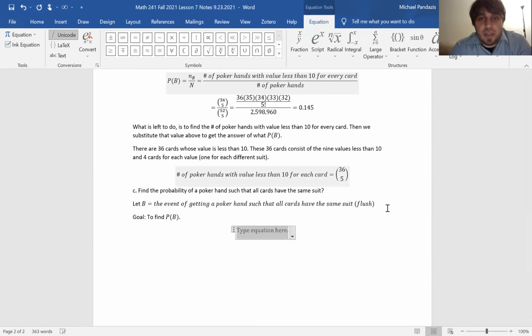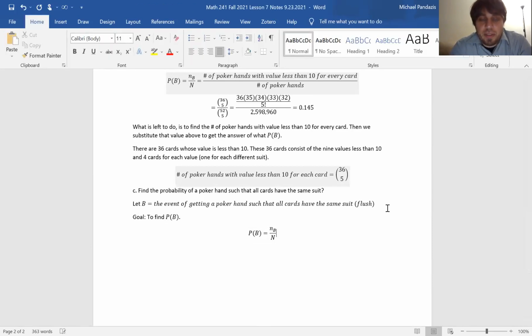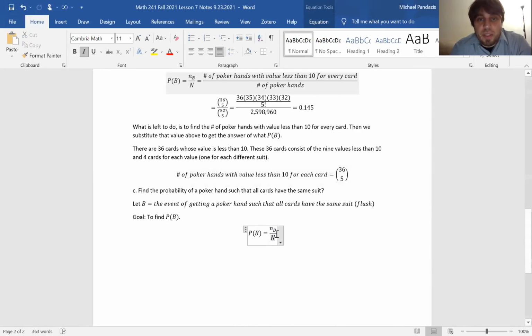Just like normal, the probability of B is equal to n sub B divided by capital N. N sub B is the number of sample points in the event B, and capital N is the number of sample points in the sample space. Here, n sub B is the number of poker hands such that all cards have the same suit.